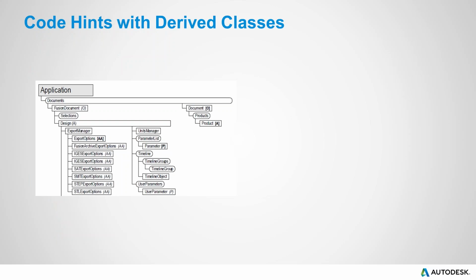All right. So one more thing I wanted to just touch on, I think this is the last thing, is code hints. So when you're writing code with derived classes, you tend not to get a lot of help from the code hints inside the development environment.